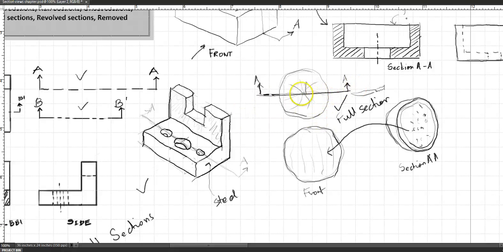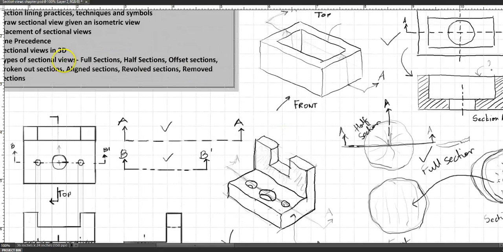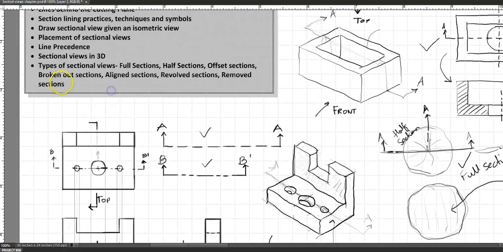If I am cutting just half of the object, like I'm going like that, then if I'm cutting just this much, then it will be called a half section. Now we are going to get to there when we get to all the different types of sections you see over here: full section, half section, offset section, broken out, aligned, revolved, removed.